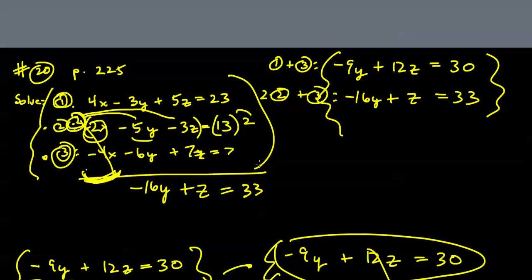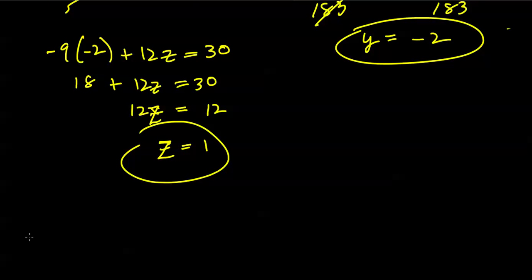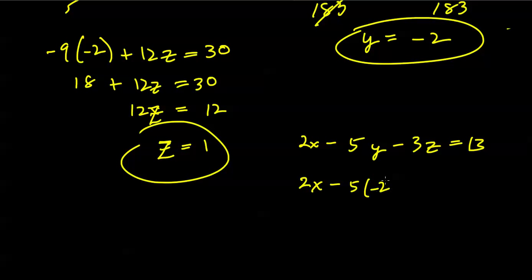Let me write that down. 2x minus 5y minus 3z equals 13. I'll plug in y equals minus 2 and z equals 1 and solve for my missing variable x.